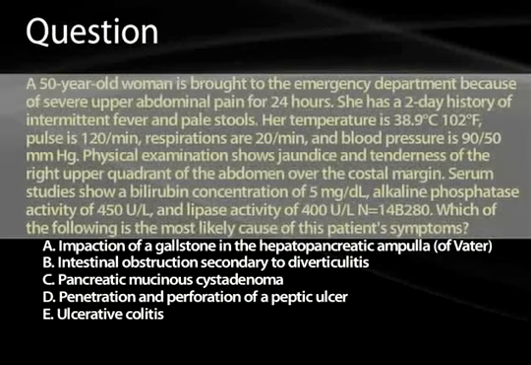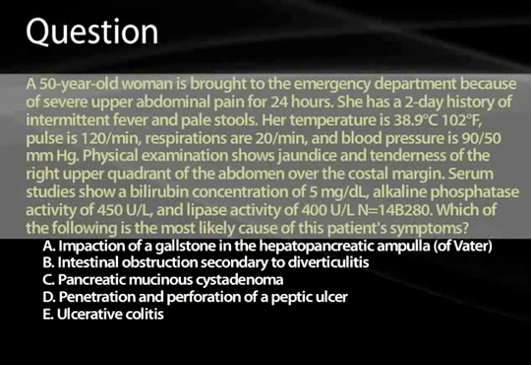A 50-year-old woman is brought to the emergency department because of severe upper abdominal pain for 24 hours. She has a 2-day history of intermittent fever and pale stools. Her temperature is 38.9 degrees Celsius, 102 Fahrenheit. Pulse is 120, respirations are 20 per minute, and blood pressure is 90/50 millimeters of mercury.